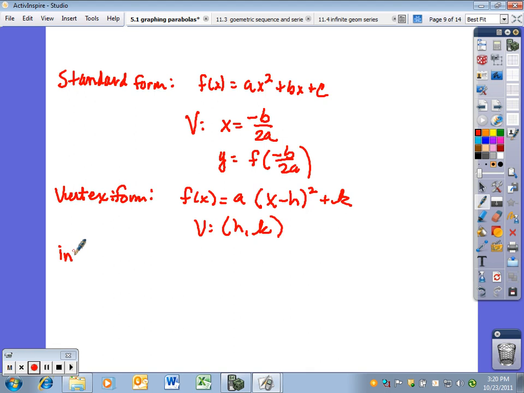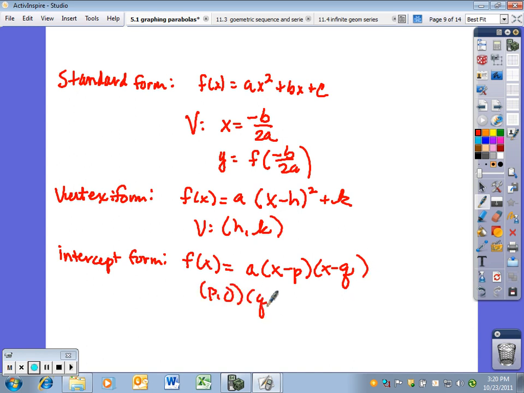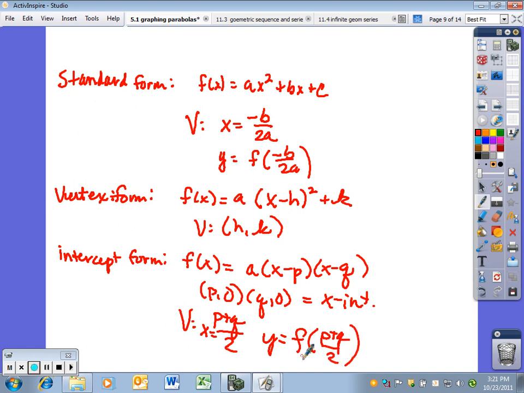And in intercept form, f of x equals a times x minus p times x minus q, where (p, 0) and (q, 0) are the x-intercepts. Your vertex is found by taking p plus q divided by 2 for your x value, and your y value will be taking that x value and putting it in the function.